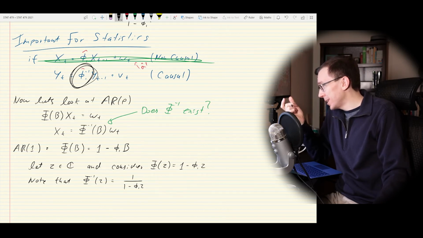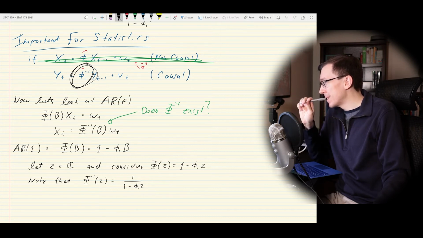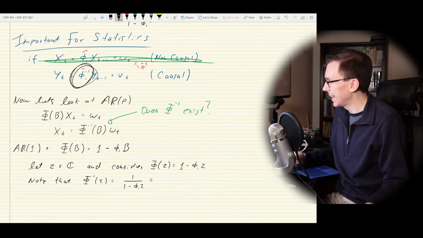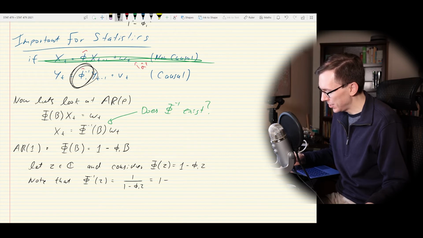Well, sure, we can definitely divide, but can we write this in terms of an infinite series? And the point is that we can write this as a geometric series that looks like the sum over j from 1 to infinity of phi 1 to the j, z to the jth power.